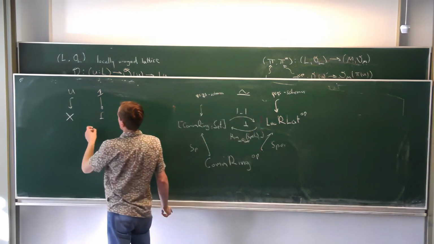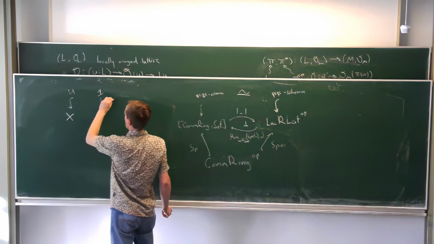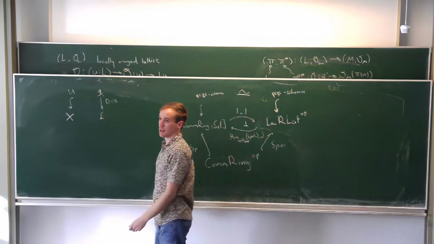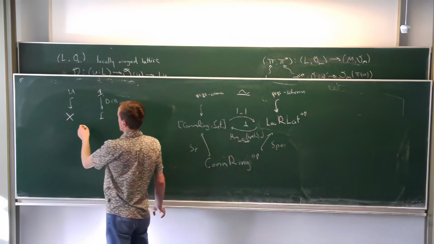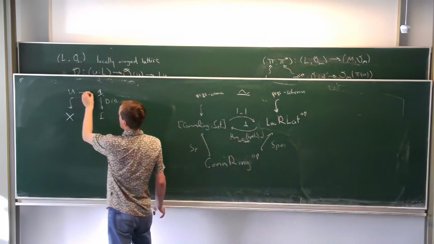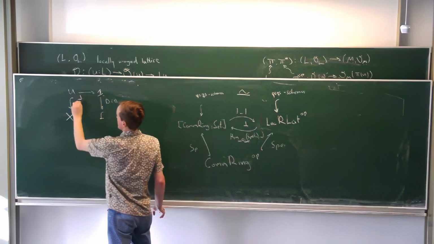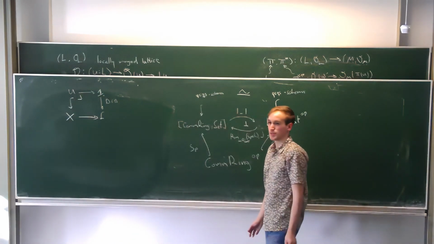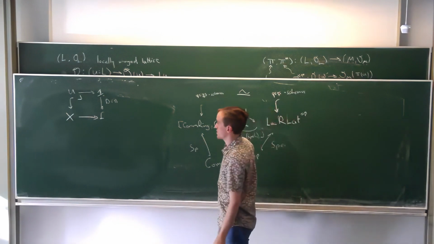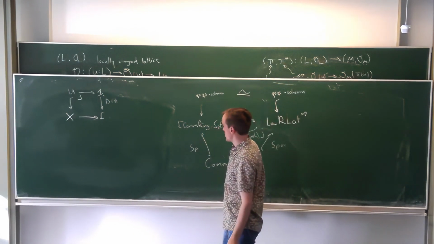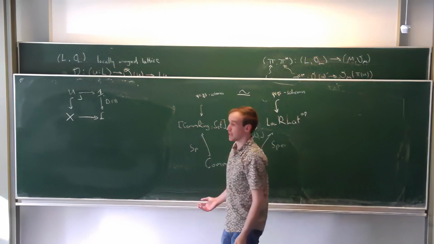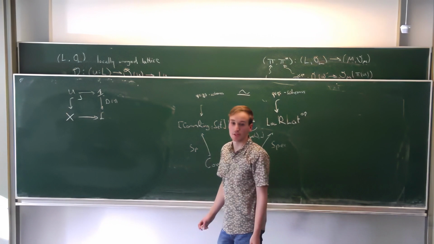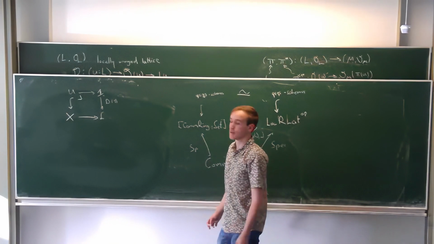Then we have this map that sends the point to the top element, and the compact open subfunctors are exactly the ones that appear as pullbacks of maps into the Zariski lattice. And so in the internal setting of synthetic algebraic geometry, those are exactly the open propositions that Matthias mentioned earlier.